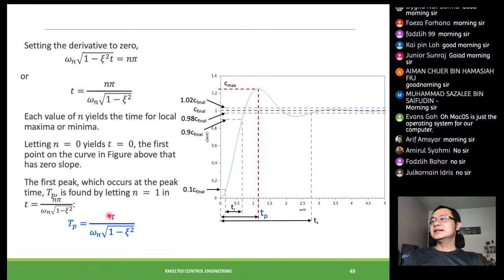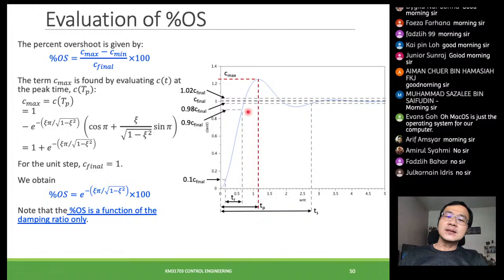Then if we want to evaluate the percent overshoot, you can have this value. For the percent overshoot, you calculate the maximum value, and then subtract the minimum value.